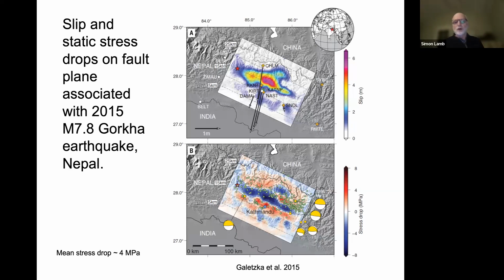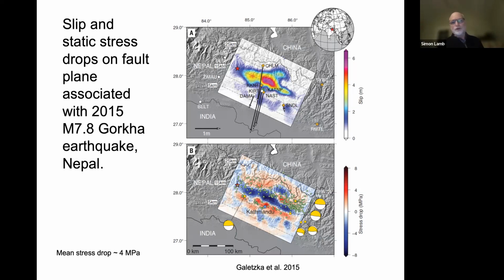So a typical value would be probably about 4 megapascals. But you can see where the slip is terminating, you actually have this stress loading. So you actually have an increase of stress. There's a bit of an argument about what the average stress drop is. But if you average out all of it, you find that the mean stress drop is actually incredibly low for most faults.